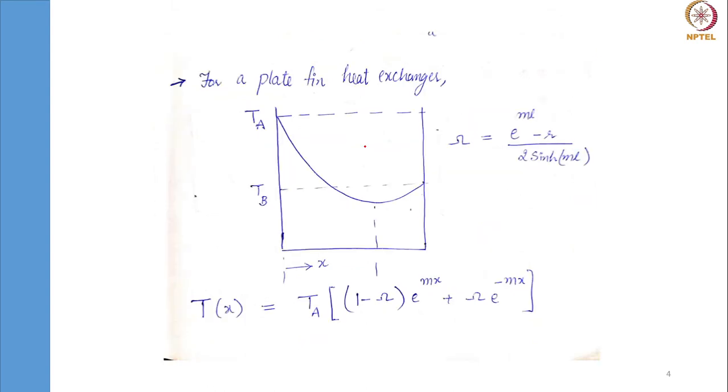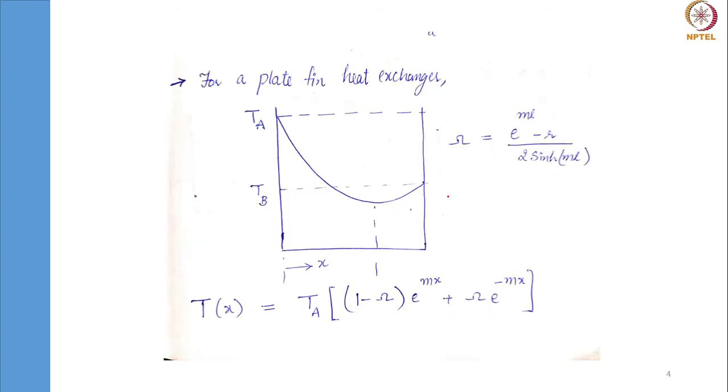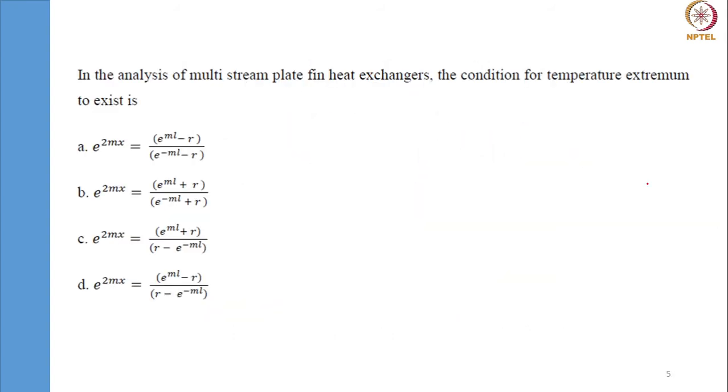I have already discussed that this temperature is at Ta and this temperature, assume that to be at Tb. We are interested to find out that position along the fin where a temperature minimum or temperature maximum happens. That is the point of discussion in doing this exercise.